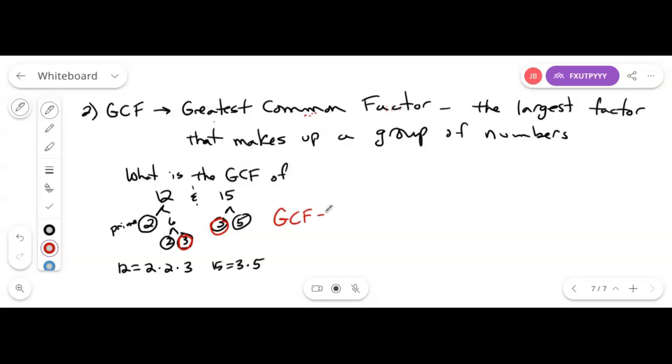The GCF is 3. 3 is the largest number that goes into 12 and 15. The largest number that goes into both of those.